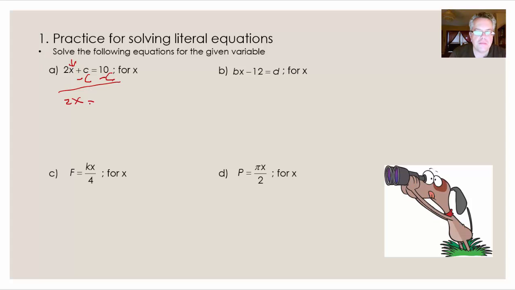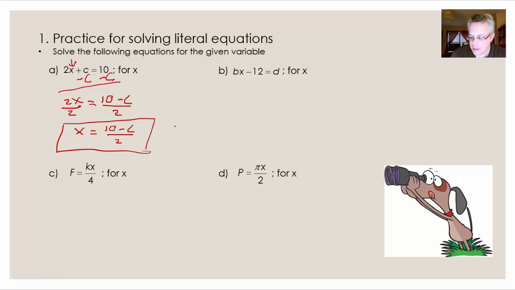When we subtract c from the right side, we just get 10 minus c. Can't combine them. 10 minus c is exactly that, 10 minus c. And now I want to divide by the 2. So I divide both sides by 2, and I get x equals 10 minus c over 2. And actually, that is fine to leave it just like that.